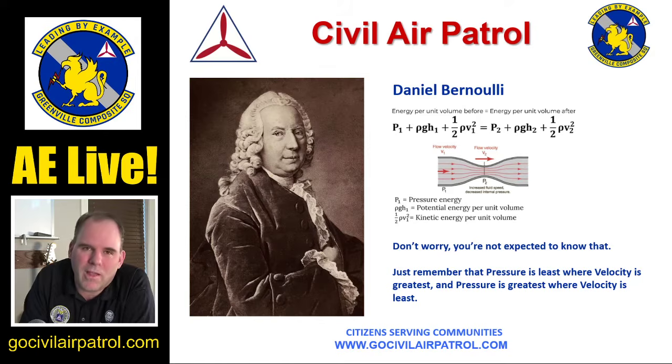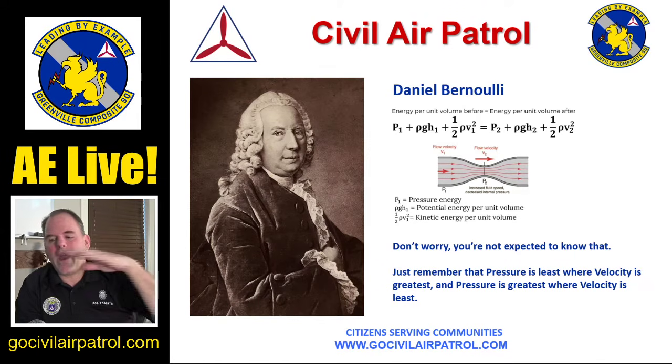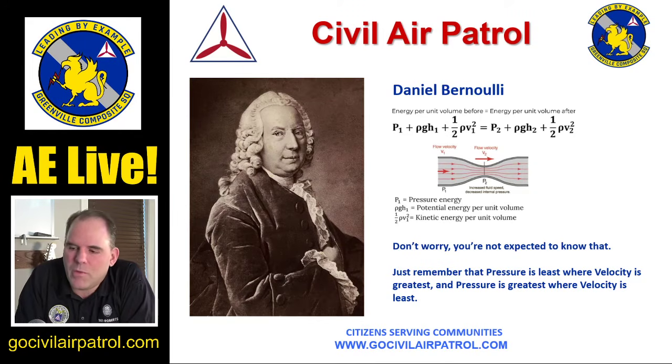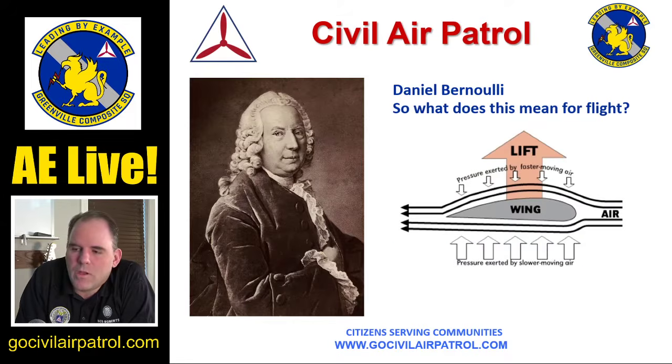The other way of looking at that is, the faster you go, the faster the air goes, the pressure is going to be least. So pressure is least where velocity is greatest, and pressure is greatest where velocity is least. So what does this mean for flight? If we take a look at a normal wing, we can see that the air over top is going faster.